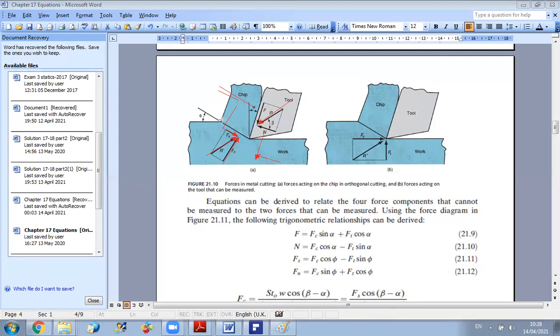So if you want to calculate the value of the area on which you are applying the shear, this area can be calculated as follows. You know that t0 is this distance here. t0 is the perpendicular distance, okay? And the shear plane is equal to this length times W, where W is the width, perpendicular to the screen.